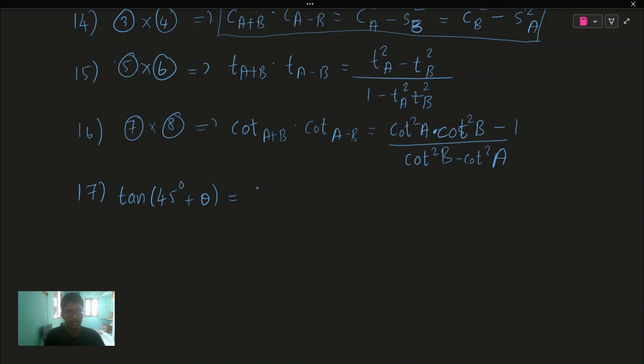In that, let's substitute A as 45 degrees and B as theta. We would get 1 plus tan theta divided by 1 minus tan theta.